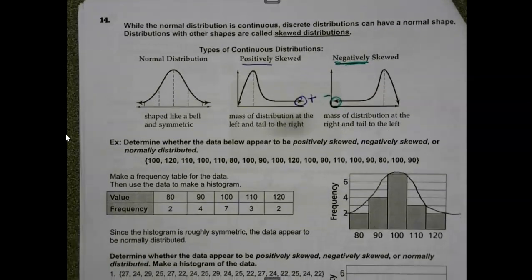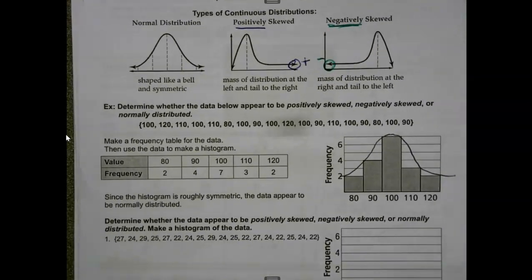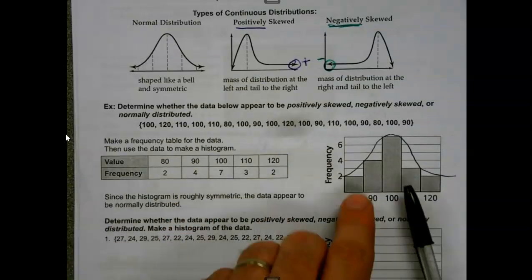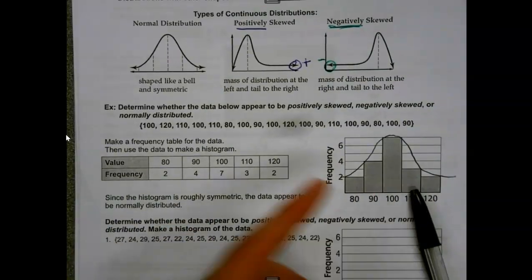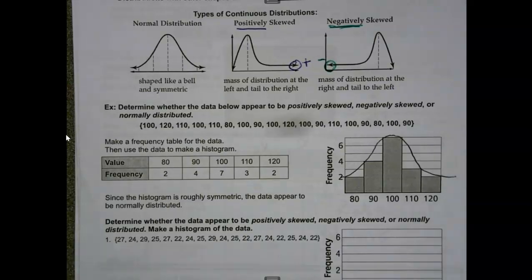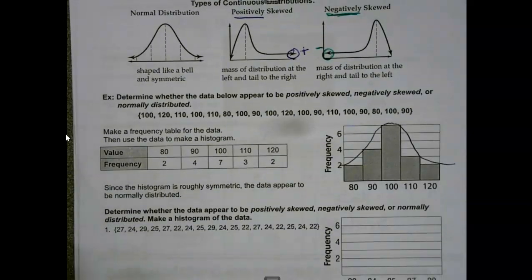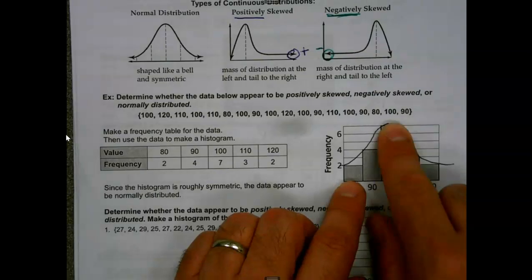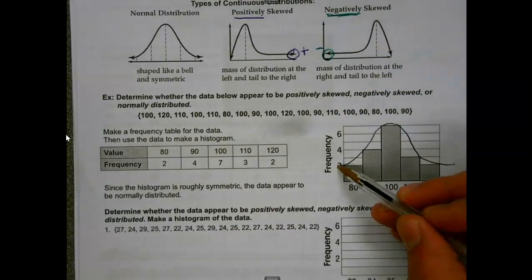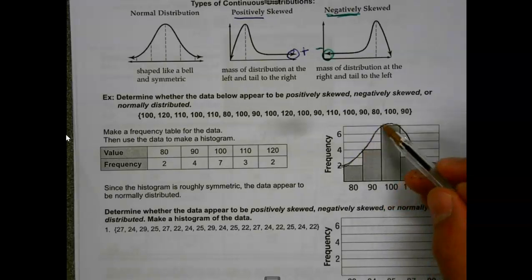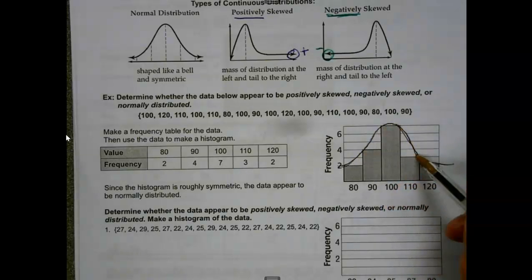And so what you can do to figure out if your information is normally distributed or positively or negatively skewed, one way is to take a chart like this or a histogram, a bar chart. When you do that, you look at the frequencies. Sometimes looking at it visually can make it easier. What I did here was I just basically made a curve connecting all of the tops of these.